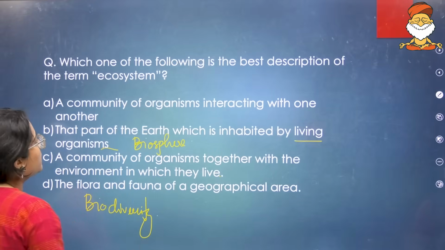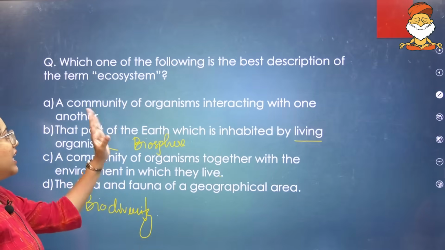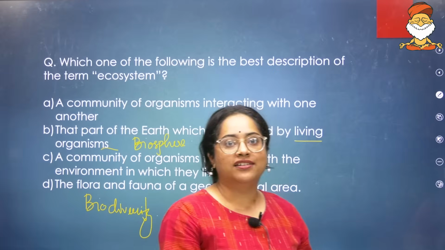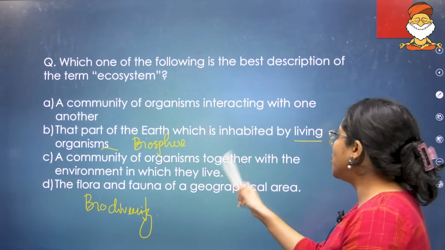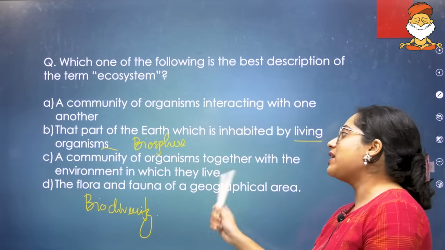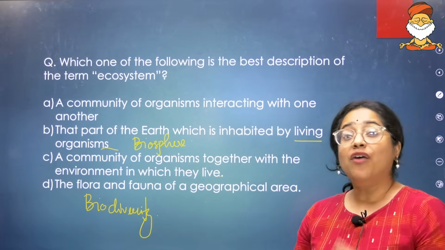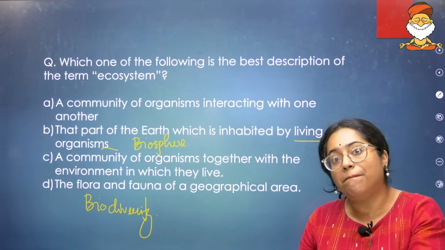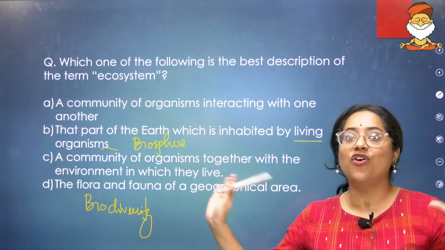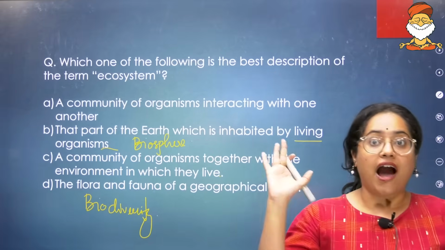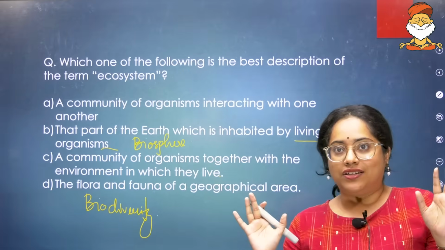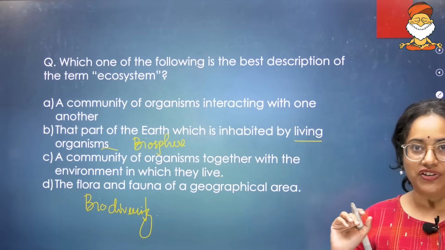Then you have two options: a community of organisms interacting with one another, and a community of organisms together with the environment in which they live. Which out of these is a better definition? None of this is like the ultimate ideal definition. Which one is the better definition?